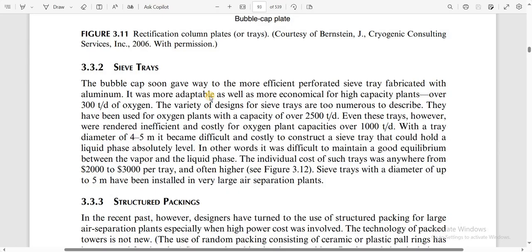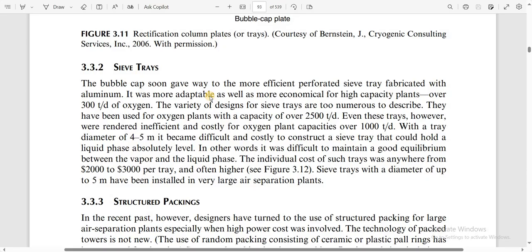The variety of designs for sieve trays are too numerous to describe. They have been used for oxygen plants with a capacity of over 1200 TPD. Even this tray, however, was rendered inefficient and costly for oxygen plant capacity over 1000 TPD.